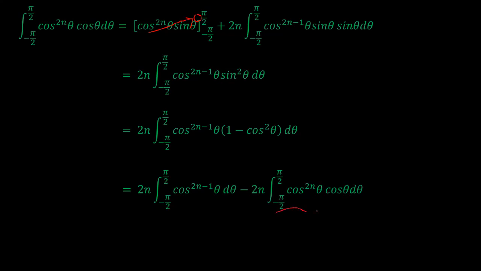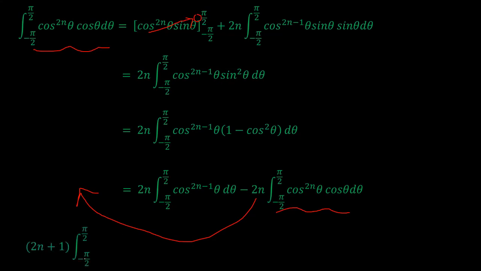So we see that this here is the same as this here, so we can take this back to the left hand side, and what happens is now we have 2n plus 1 times the integral of cosine to the power 2n theta cosine theta is equal to 2n times the integral of cosine to the power 2n minus 1 theta.